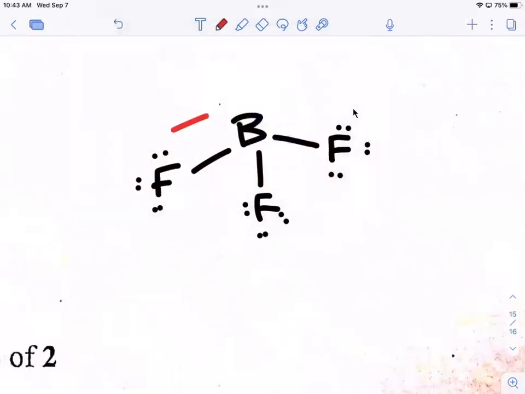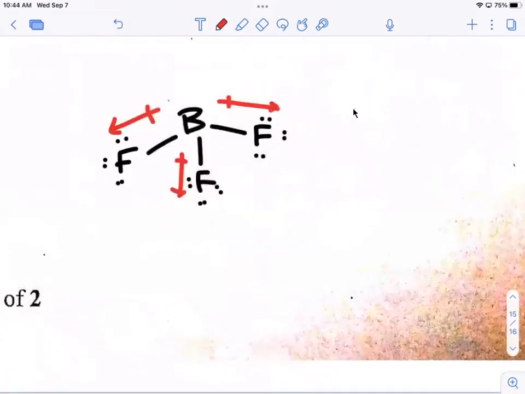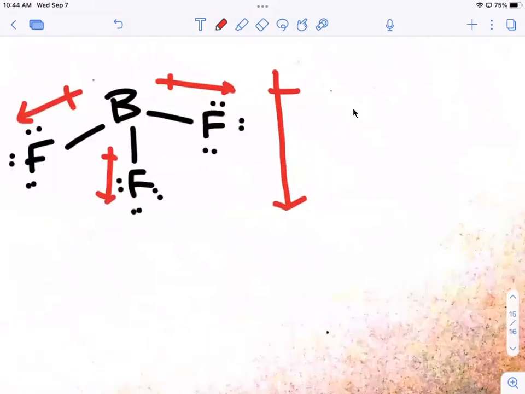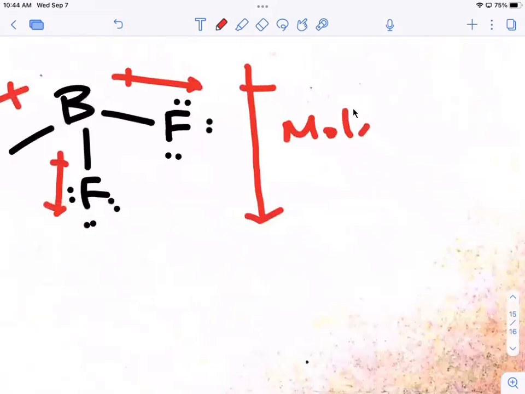Towards fluorine. So we have one here, and one here. Again, these are vectors, and each BF bond has its own individual dipole, but because they're vectors, you can add them up, because they have magnitude and also direction. So in general, the direction of electron flow we can say is here. So this molecule would have what we call a molecular dipole.